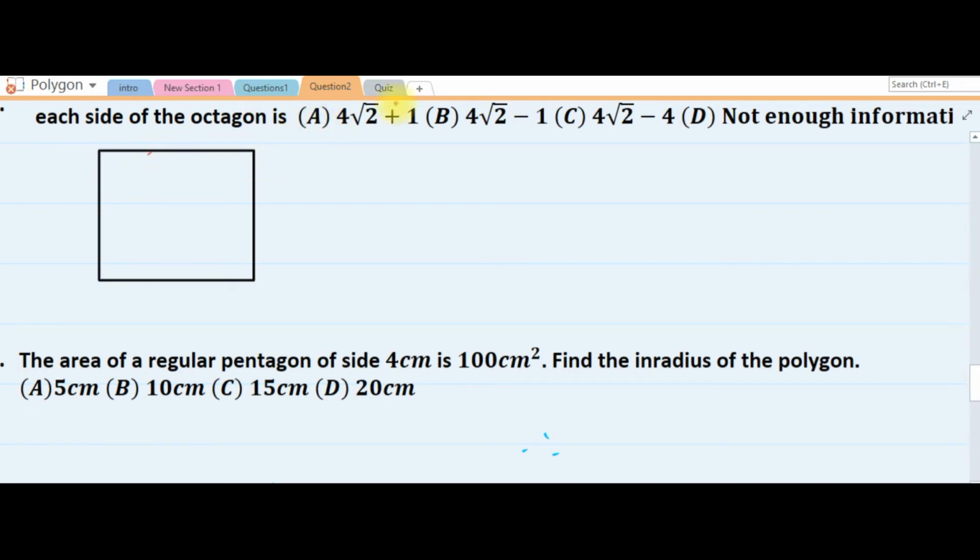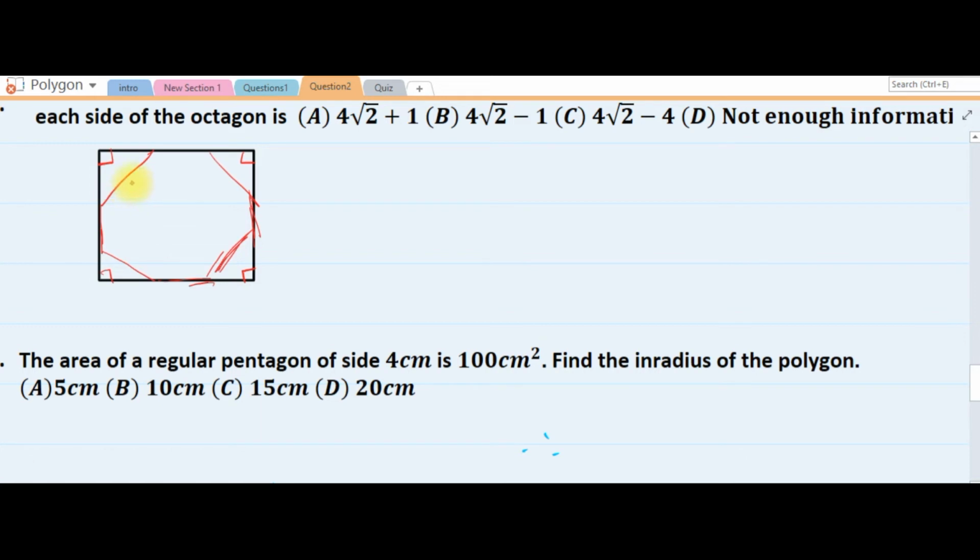So this is it. 1, 2, 3, 4, 5, 6, 7, 8. Remember, this is just a sketch. So they cut off equal amounts. You know, this is 90, this is 90, this is 90, this is also 90.